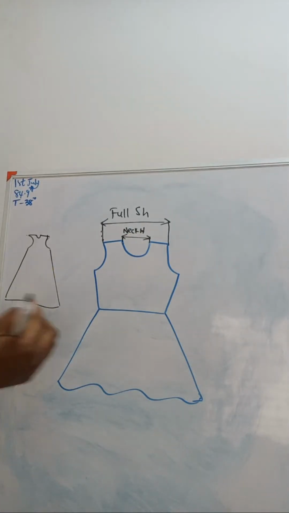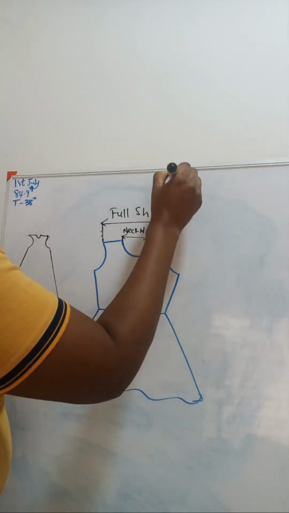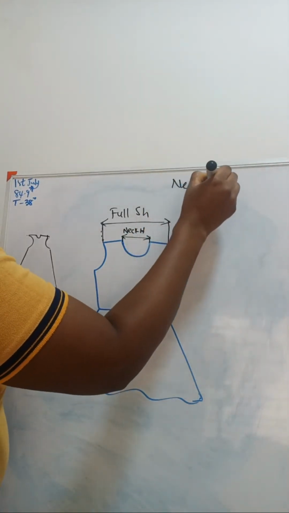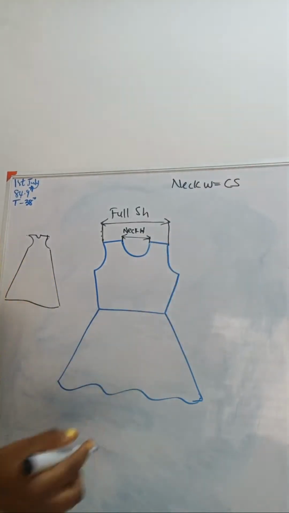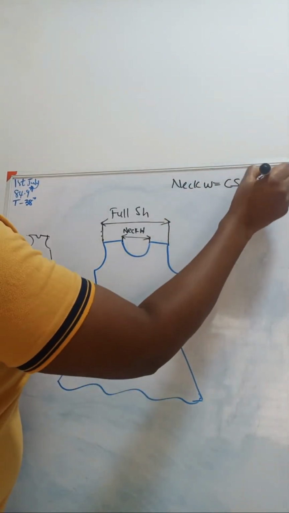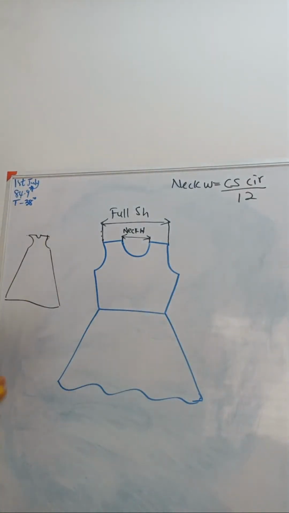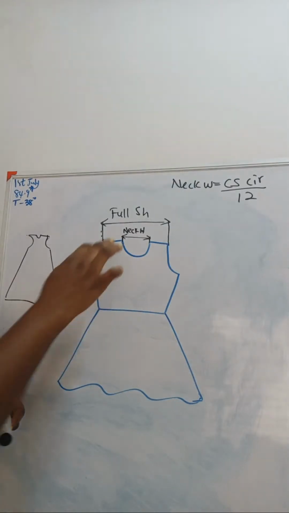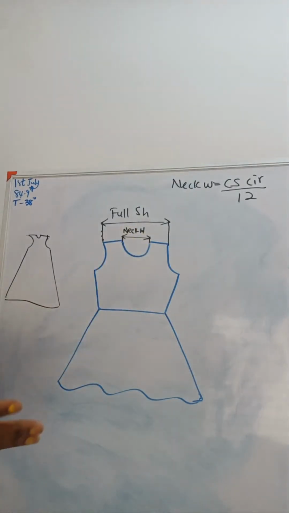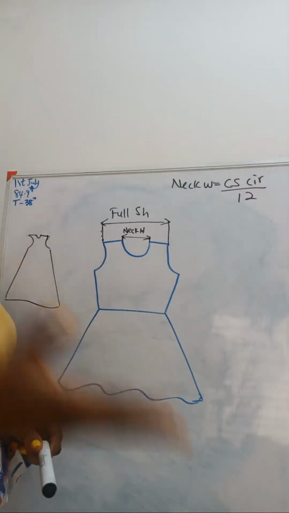Now, to get the neck width, we have a formula that we usually use. For neck width, you can use the chest circumference divided by 12, and then add allowance as you deem fit. Another way to determine the neck width is based on the style you are making.